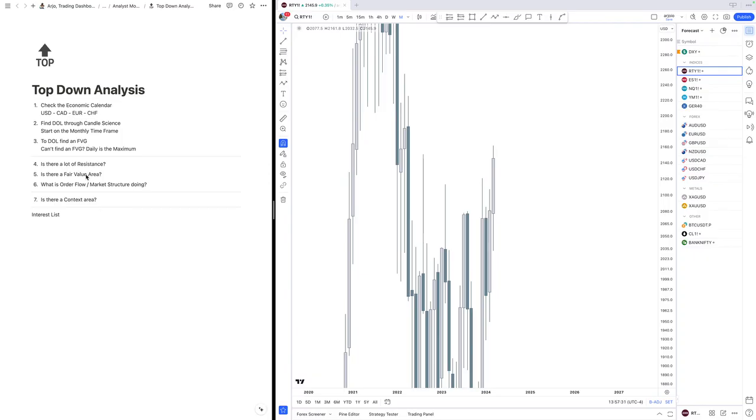Okay, how far can we actually trace? And then it comes, do we have a context area where we can actually look for an entry already? But I do not go over a list anymore, because the longer the list, the more likely it is that you are not going to pay attention to it, that you're not going to read it before you actually dive into the chart. And that's no shame, because that is just how humans are.